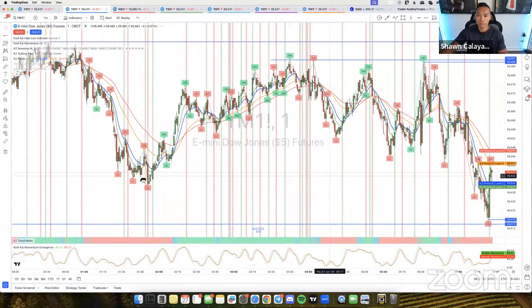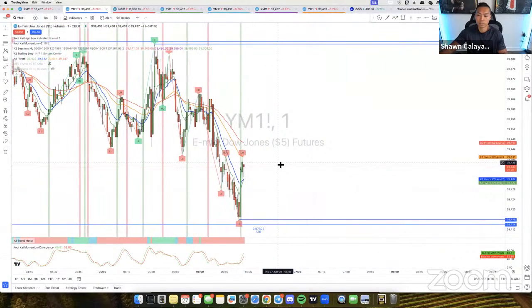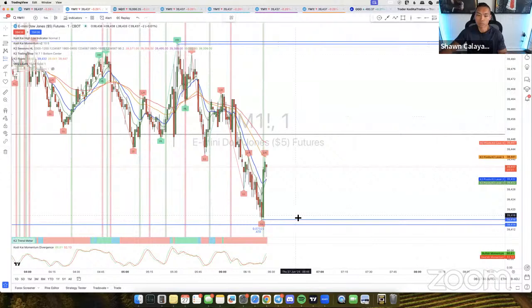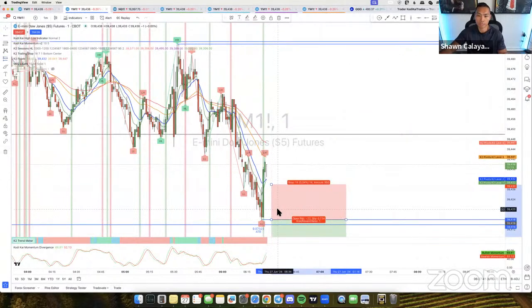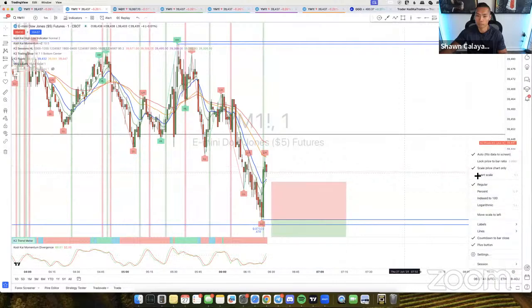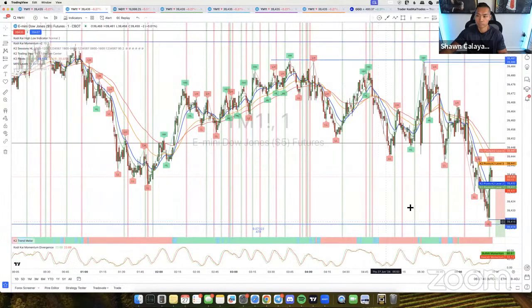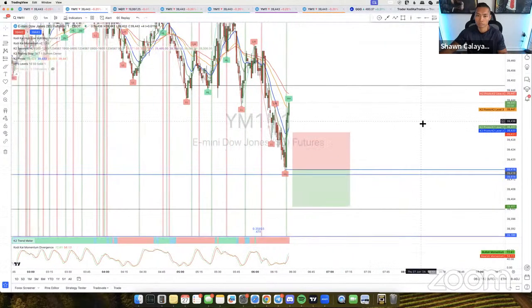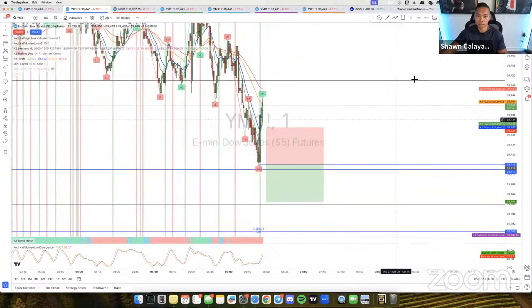Looking at this right now, we're currently in a bearish trend. So if price drops lower, I'll be looking for price to come down and hit liquidity down here. If price pushes up higher, I'm looking for price to push up and hit the level up there.